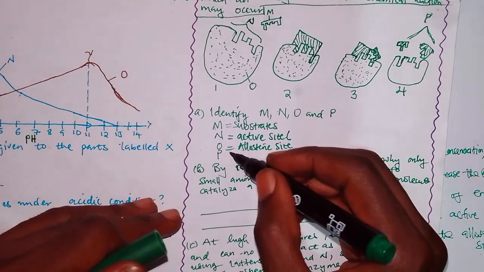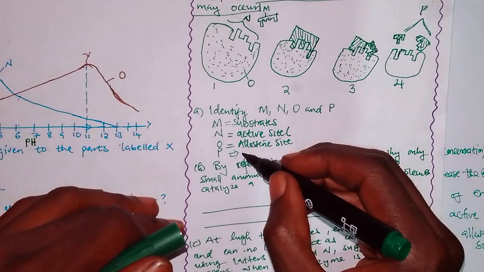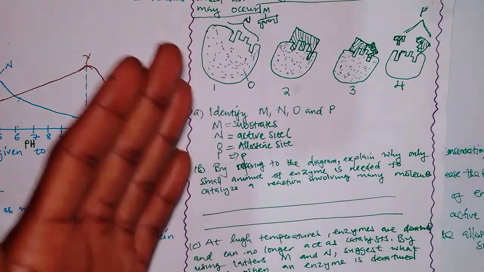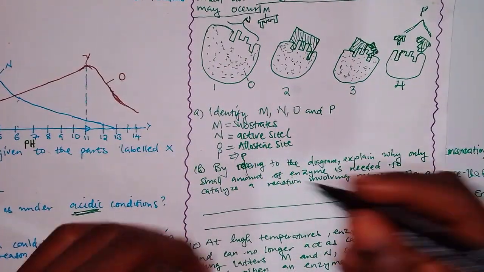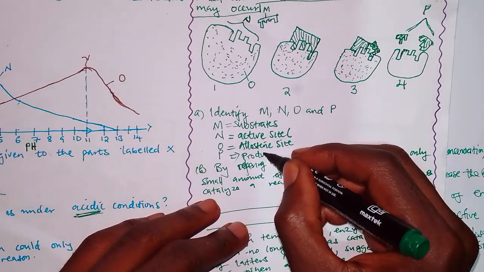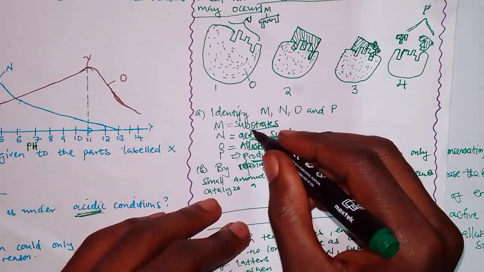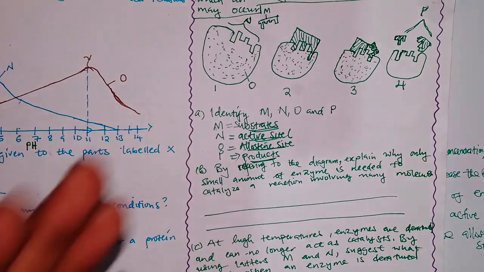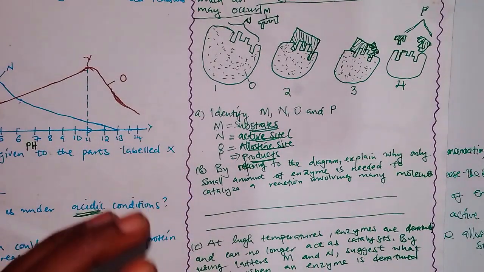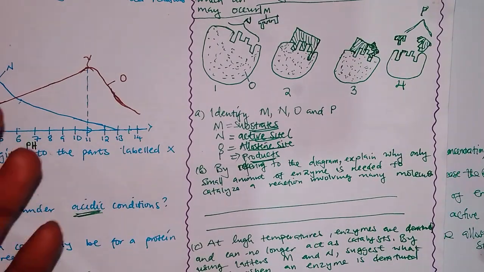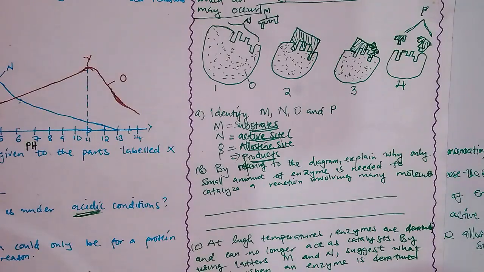Then when we talk about P, we say that after an enzyme works on the substrate, it will form what are known as products. Yeah. Then part B is saying, by referring to the diagram, explain why only a small amount of enzyme is needed to catalyze a reaction involving many molecules.